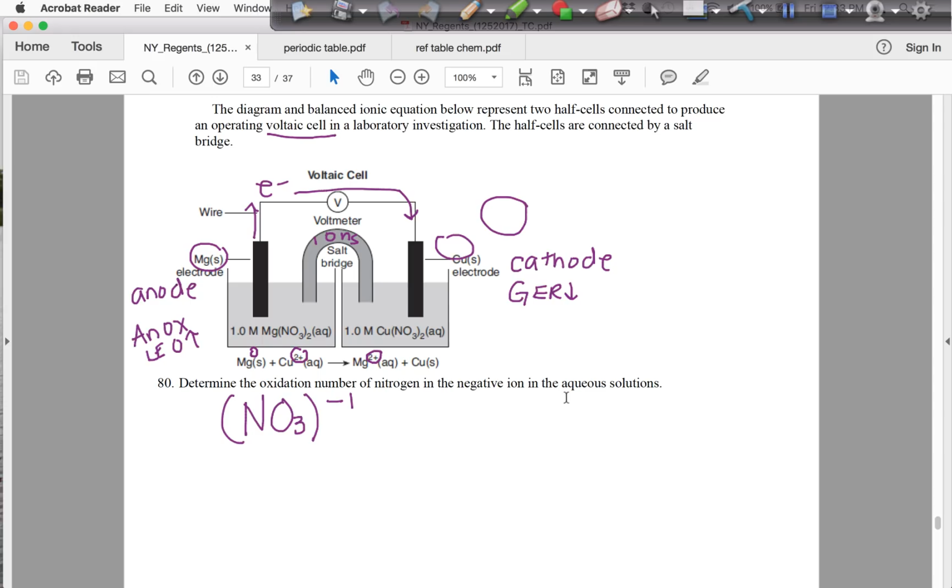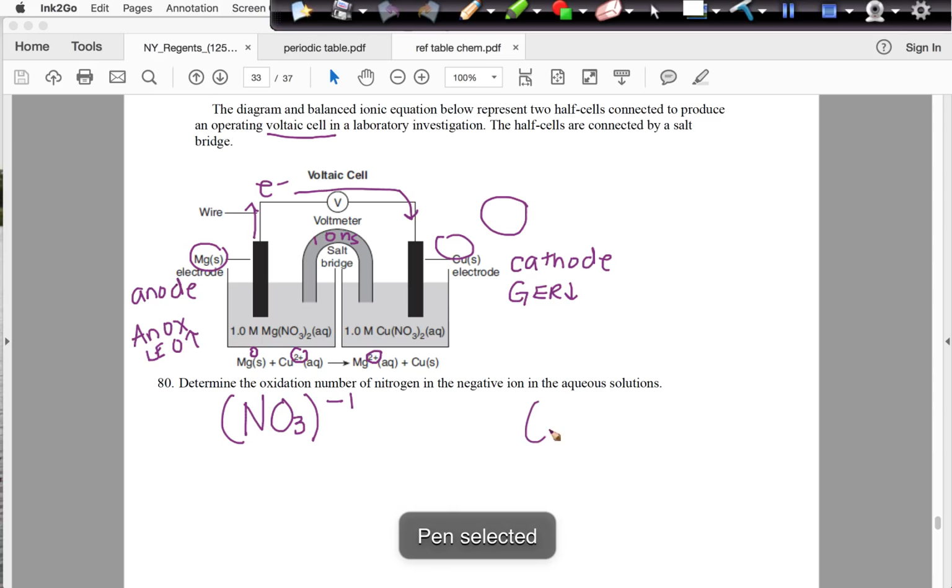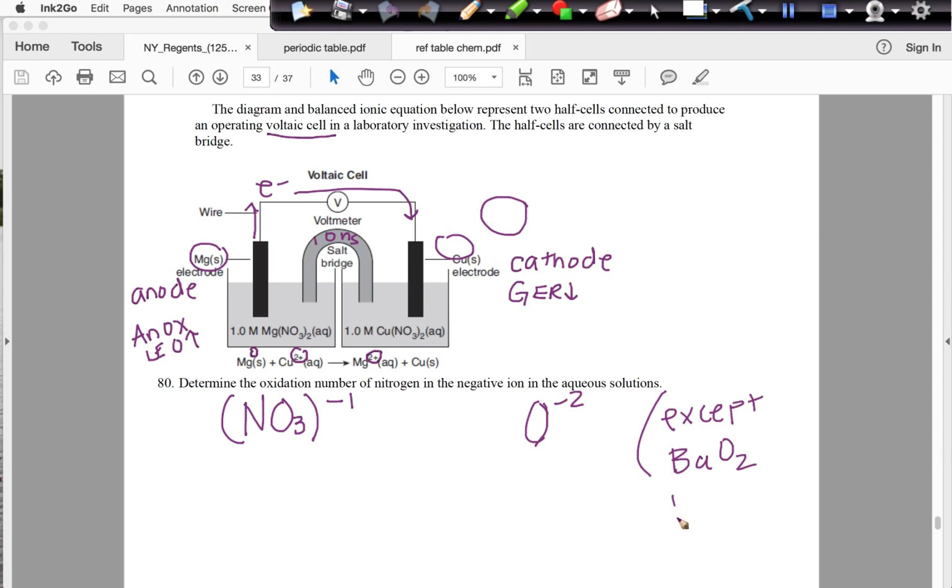So we said that for oxygen in a compound, we're going to put a -2 charge except for BaO2, H2O2, and OF2. As long as it's not one of those compounds, we're going to plug in a -2 for the oxidation number for the oxygen.